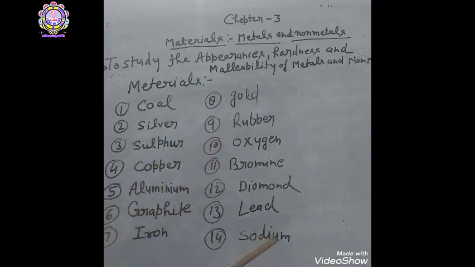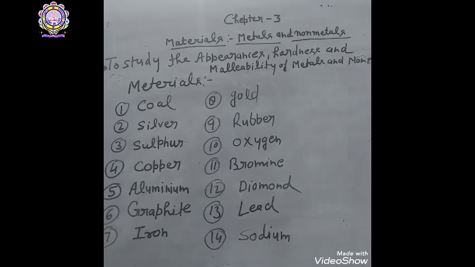Explain their physical properties or physical state, malleability, ductility, hardness, etc. Solve this question and find out these properties of the materials. Make a table and solve it.